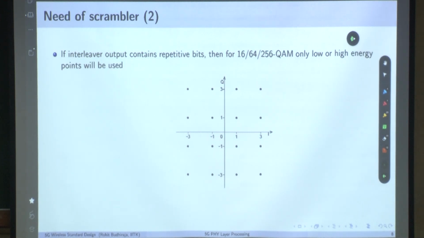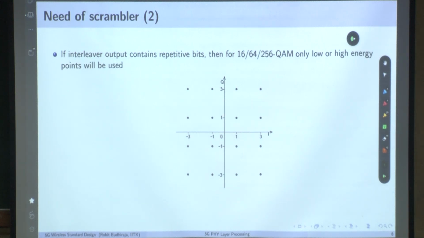And if it is QPSK, do you need the scrambler? Because all the points have unit energy, you will never violate the transmit power constraints. But there are other implementation constraints. You should never transmit a constant sequence, because it becomes like DC.